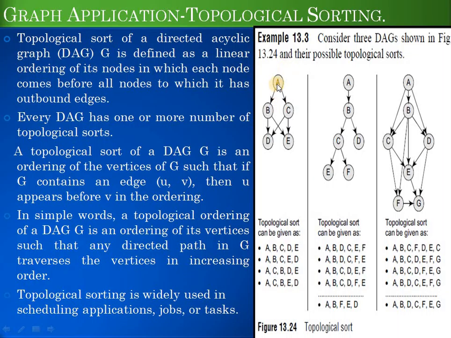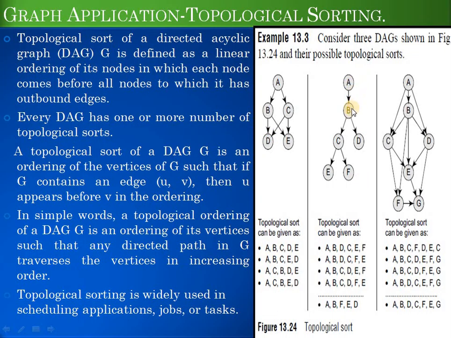For this example, we can write the topological sort: A to B, then C, D, E. Here we have A, B, after A, B we have C, then E, and then D. Like this we have to sort.